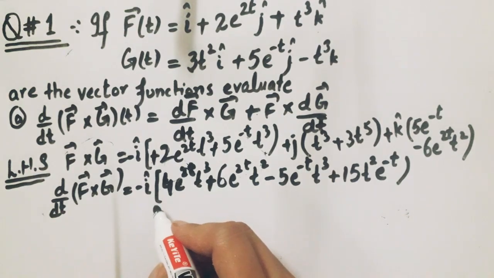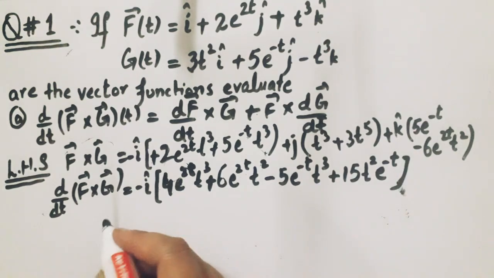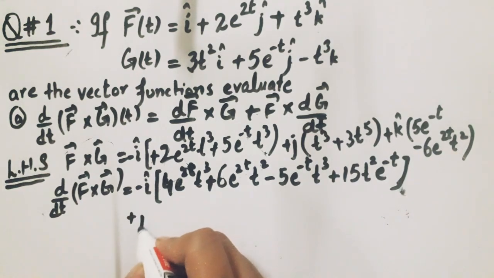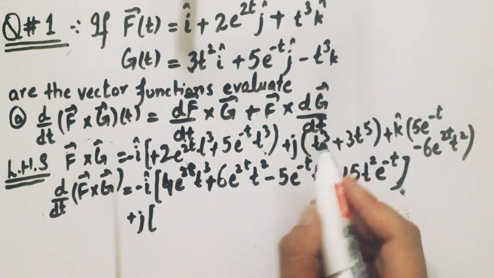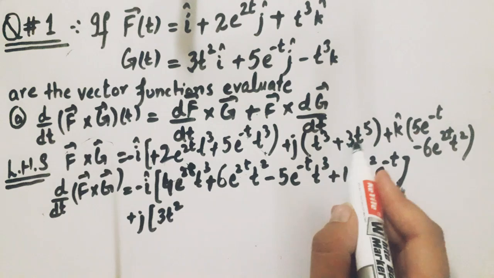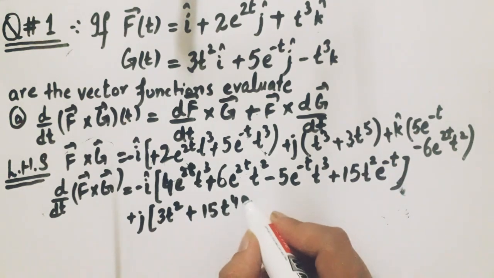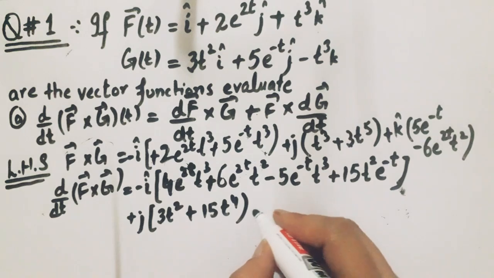Now we will write this for j. t^3 will be 3t^2, and 3 into 5 is 15t^4. This is for the j unit vector.